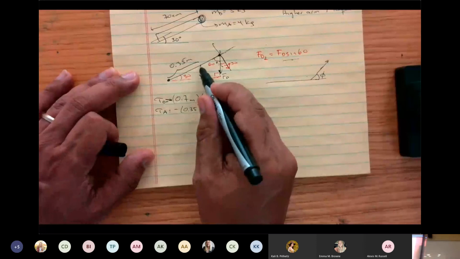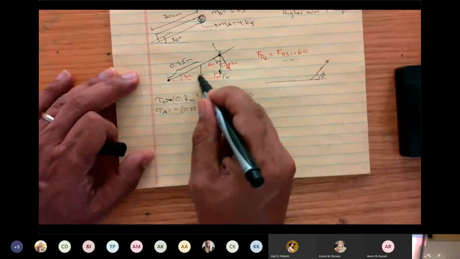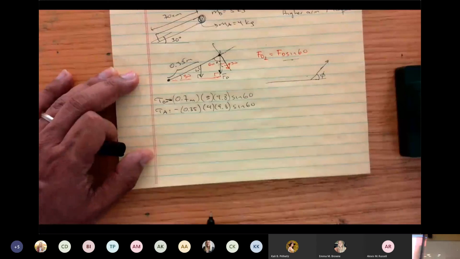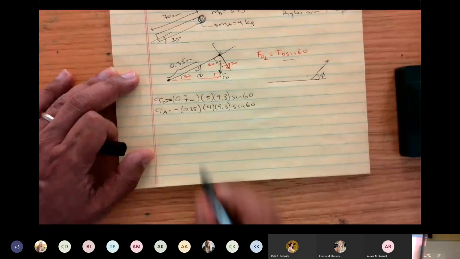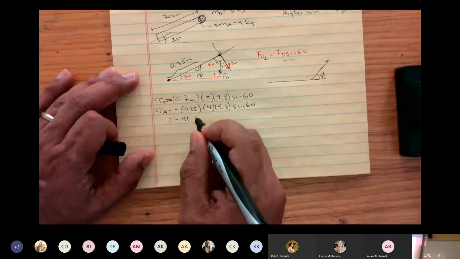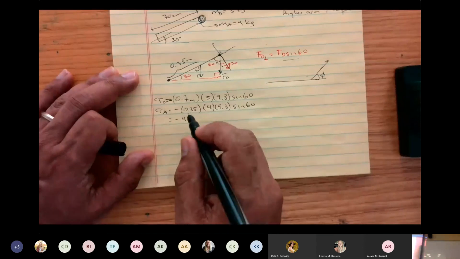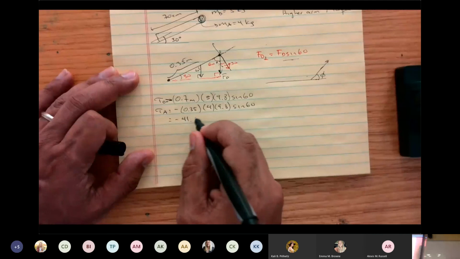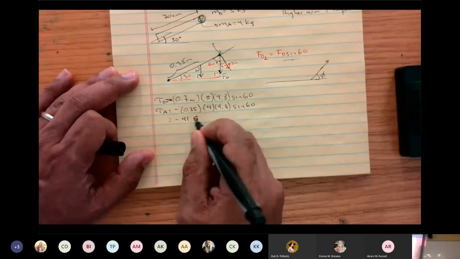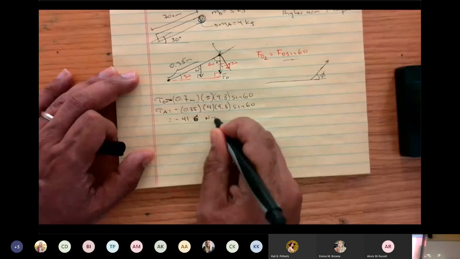Same way, we have 30, 90, 60. So this is the angle that we need. And at the end, you end up with negative 41 point, Mary, what you got? 5, 8, 5? 5, 8, 6. Newton.